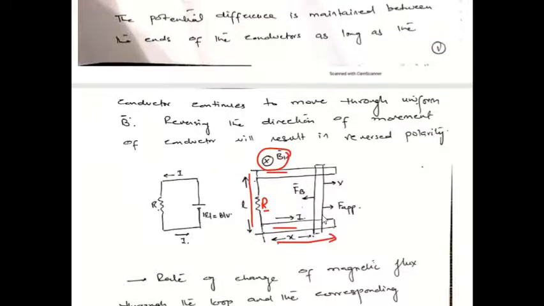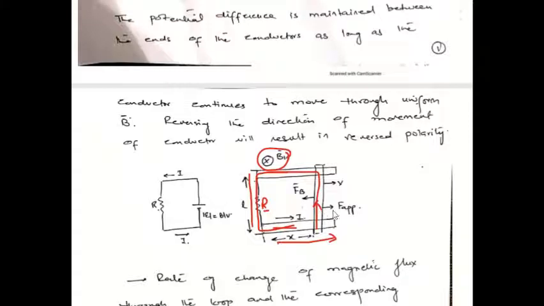What we'll do is induce current in this circuit by moving this conductor on these conducting rails. When we move this conductor on these conducting rails, the current will generate, and we will establish a current in this circuit.